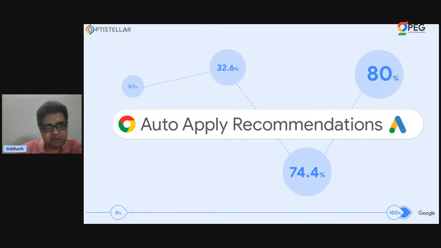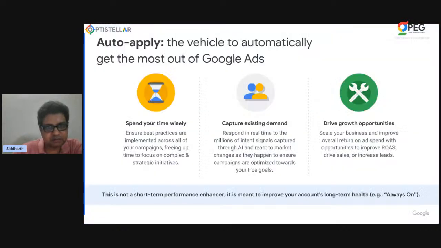In a similar way, there is a subset of recommendations within the auto apply recommendations. Out of the 90 plus recommendations that we have with regards to optimization score, we have around 23 recommendations right now which are available for auto apply.